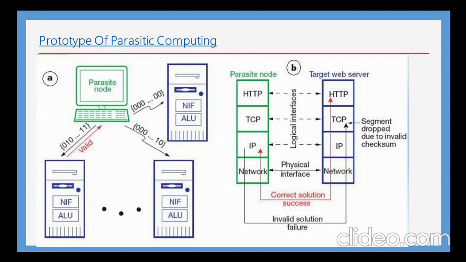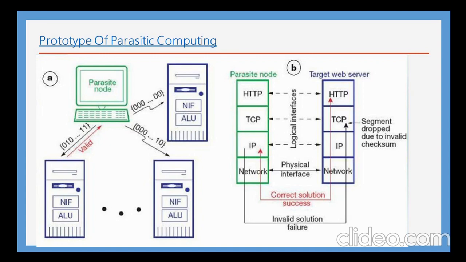So in diagram B, we have a parasitic node and a target web server. In this parasitic node, we have different layers: network, IP, TCP, HTTP. The interaction between the parasitic node and the target server is through the physical interface in the network layer, and in IP, TCP, HTTP, it's through a logical interface.